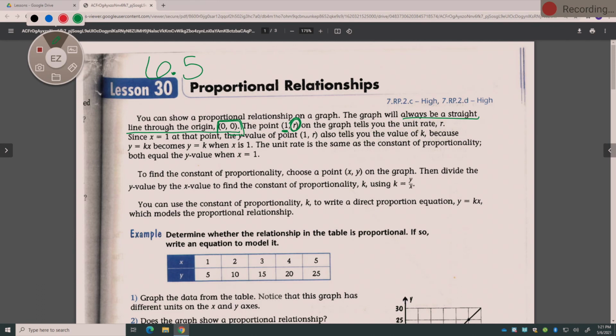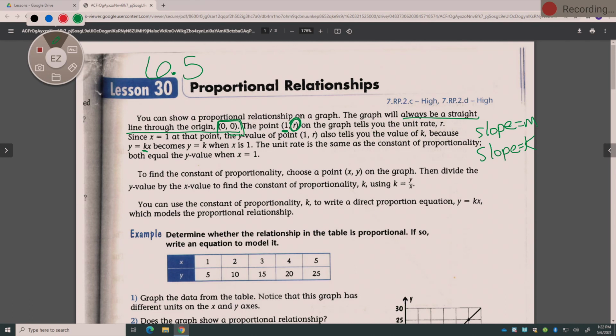Now, for some reason, they jump back and forth between slope being m, which is what we normally call it, or slope being the letter k. So in this lesson, you will see a k that attaches itself to an x instead of an m that attaches itself to an x, but they are both slope.